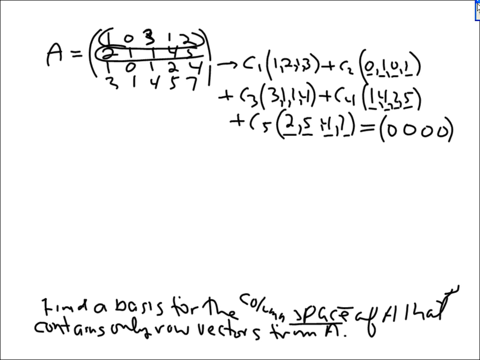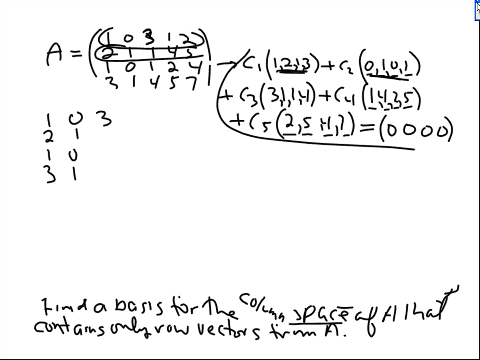Well, if you want to solve this system of equations, you write down the first vector as a column, the second vector as a column vector, same with the third and the fourth, and if you realize, you just get back matrix A again.